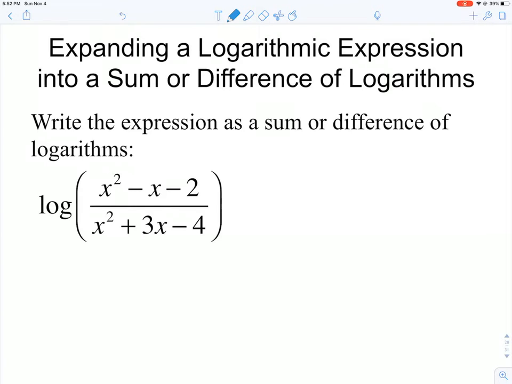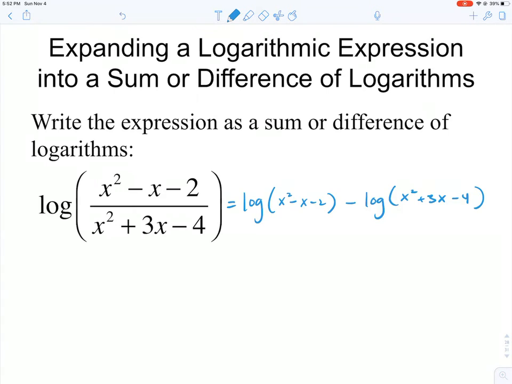Okay, so we are going to expand this logarithmic expression. So first what calls out to me is quotient rule. So I can rewrite this as a difference of the log of the numerator and the log of the denominator.